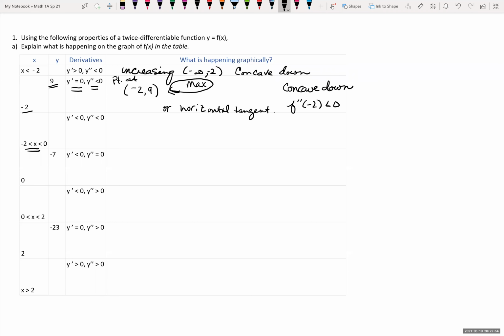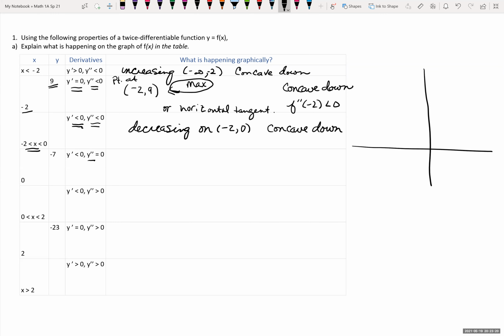Between -2 and 0, we're given that the first derivative is less than 0, so we're decreasing on -2 to 0. We're given that the second derivative is less than 0, so it's concave down. So increasing, concave down.